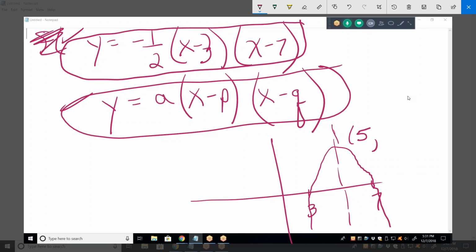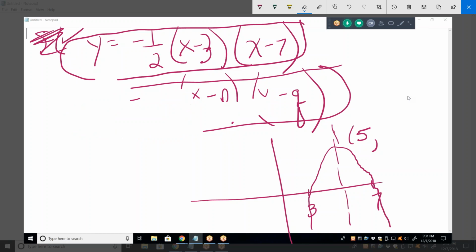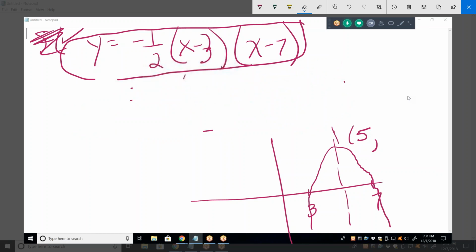Now, how do I figure out the y-coordinate of the vertex? I can't graph this parabola without that. We set y equal to 0. No. What did we just solve for? We just solved for the x-coordinate of the vertex.